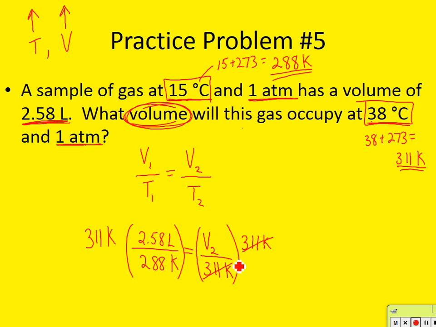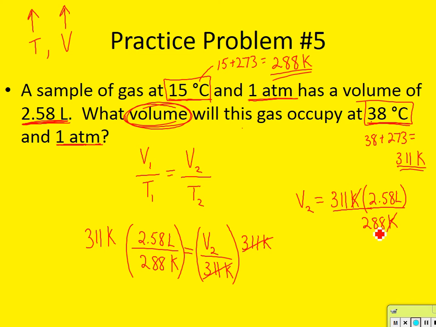So let me rewrite what we have so far. V2 is equal to 311 Kelvin times 2.58 liters divided by 288 Kelvin. And now we can see that our Kelvin divided by Kelvin will cancel out. And so V2 is equal to 311 times 2.58 divided by 288.